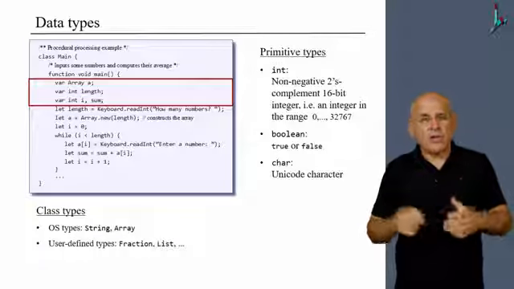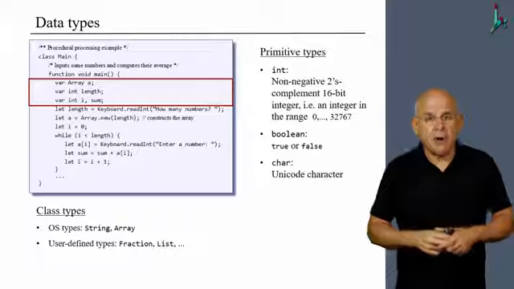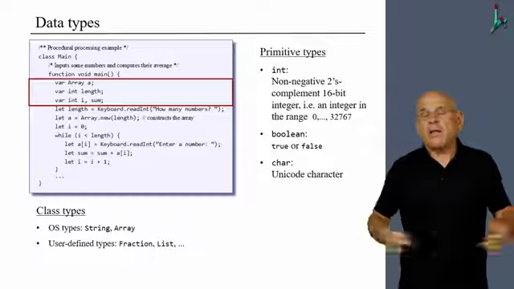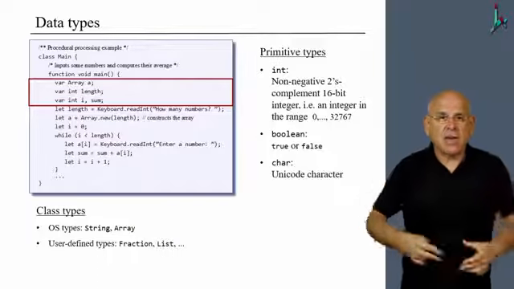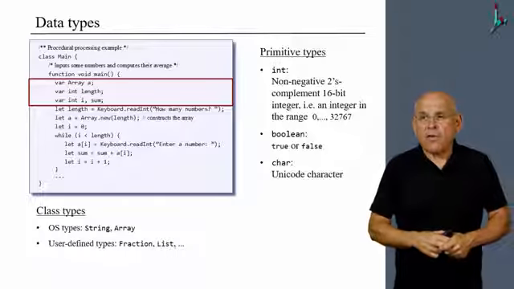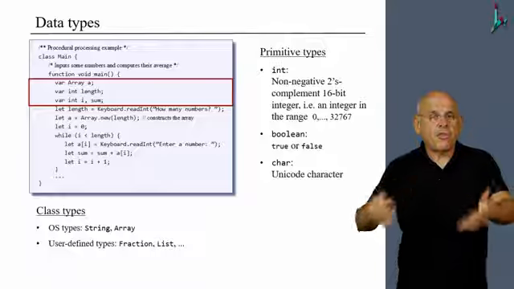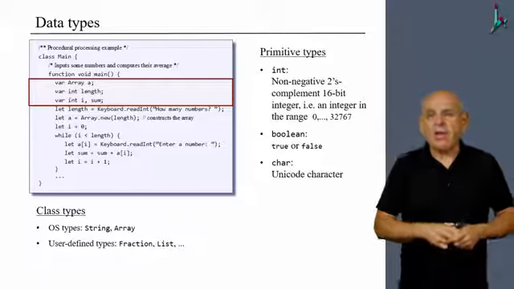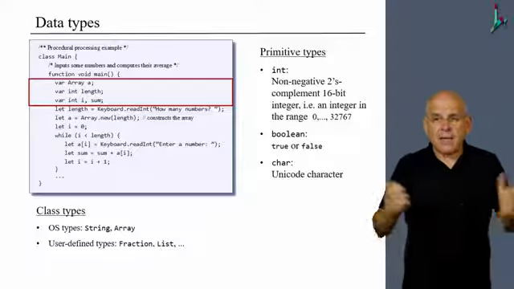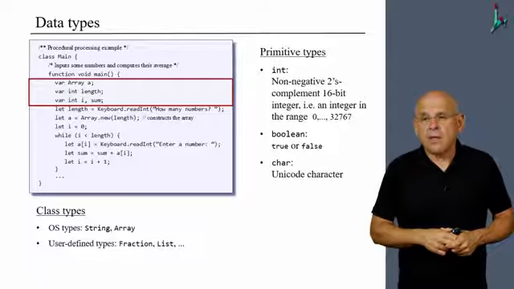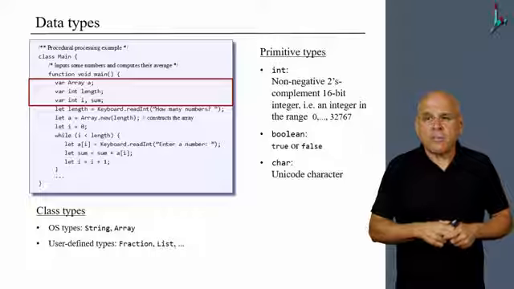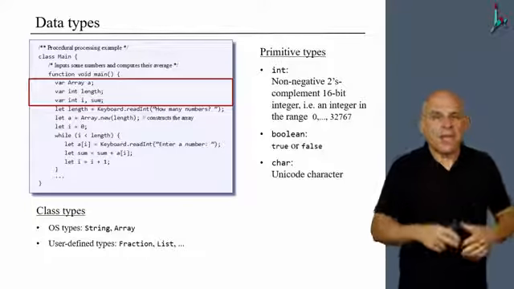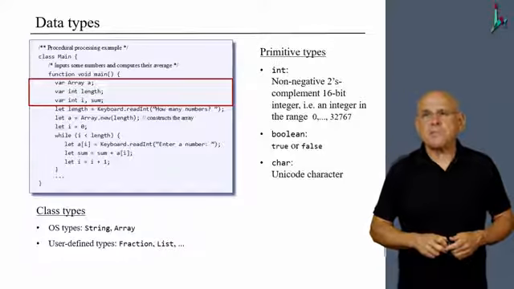And when we say user here, we mean the practicing Jack programmer, who may have designed classes like Fraction and List and Stack and whatnot. Therefore, he or she is free to create variables that have these data types as they please. So like any other high-level object-based language, we have primitive types as well as class types.